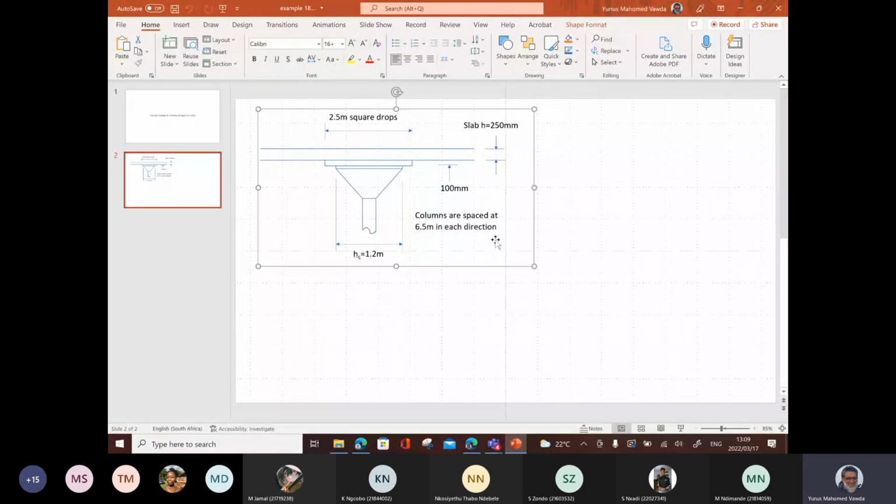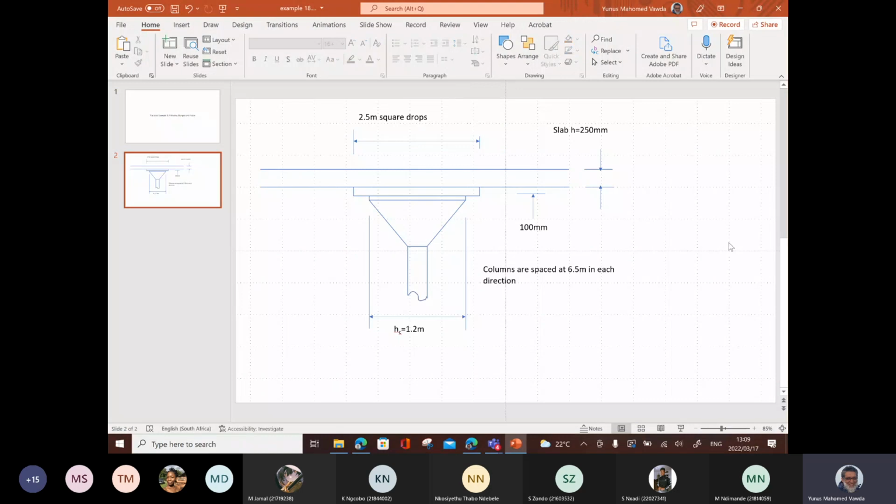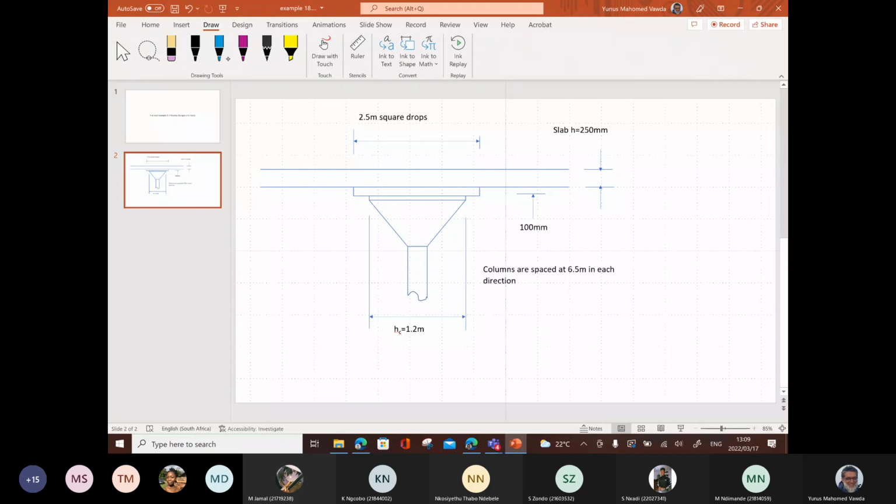So here, there's the drop. And this is the column head, just so there are no misunderstandings and everybody knows exactly what we're talking about. Because there are specific rules with regard to the division of the strips when you have a drop and when you don't have a drop. So those things are important to understand.